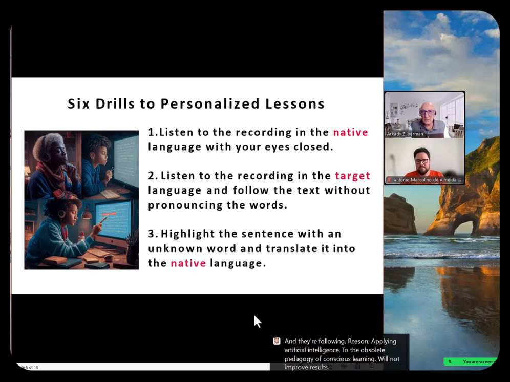You cannot apply the latest technology of artificial intelligence without changing the pedagogy. The results will be the same. You will improve maybe a little bit compared to conscious learning.